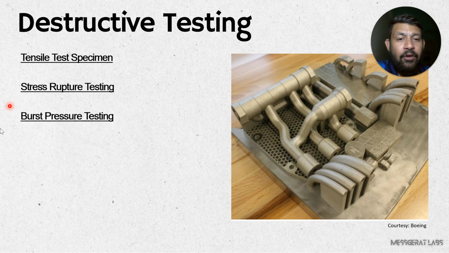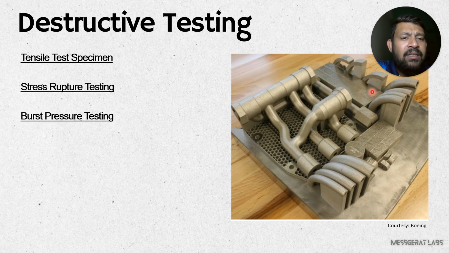Any component, for example this hydraulic manifold that you see, undergoes certain pressure when the fluid is flowing inside. Now, in order to make sure that your part is suitable for the burst pressure that you have designed, you need to do some validation while printing.